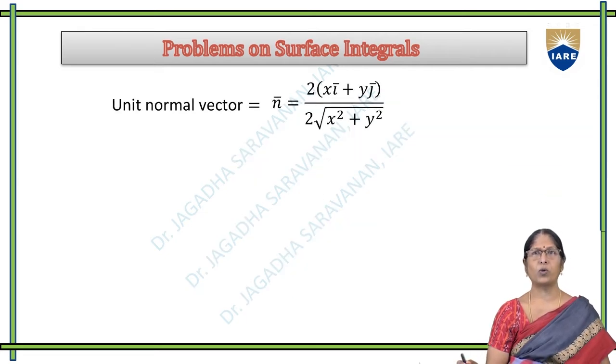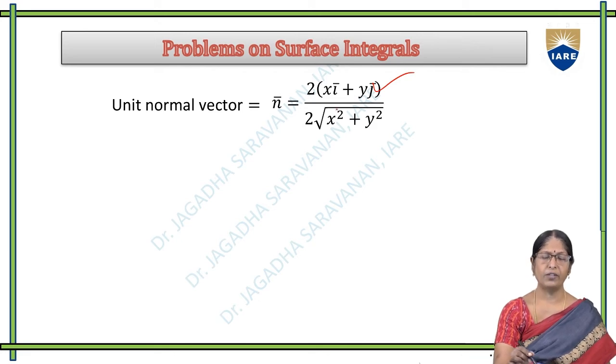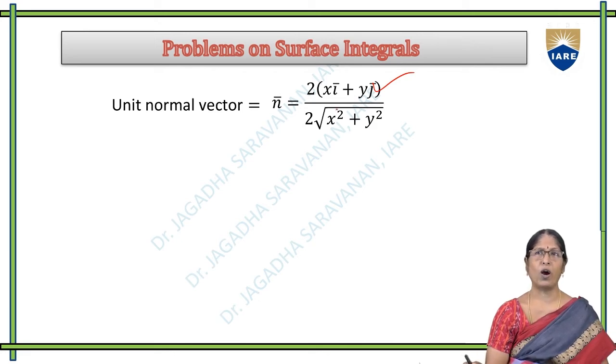To convert the given vector into a unit normal vector, the formula is the vector divided by its modulus. So we obtained 2x i plus 2y j as our normal vector, in which 2 is common and taken outside.